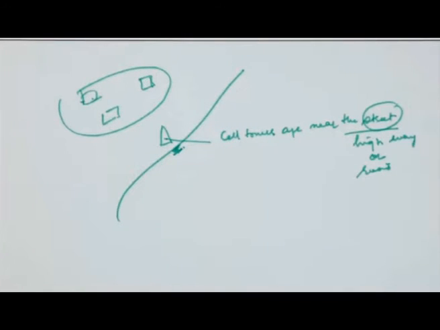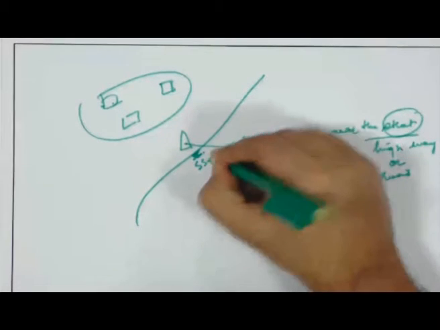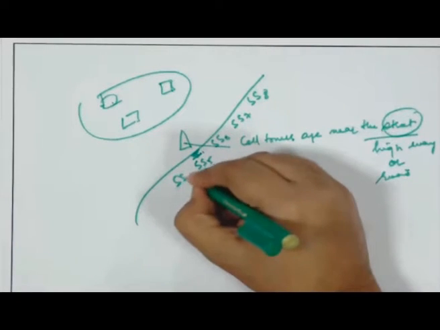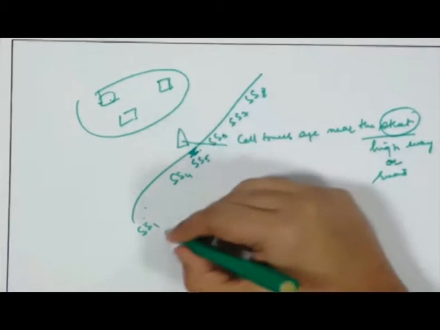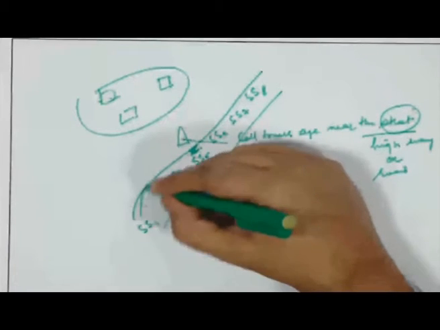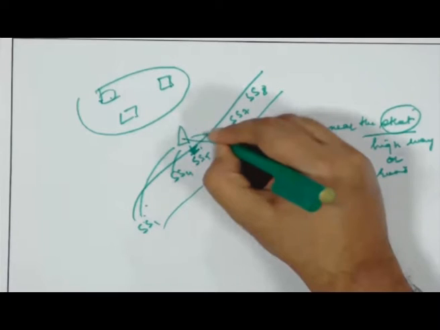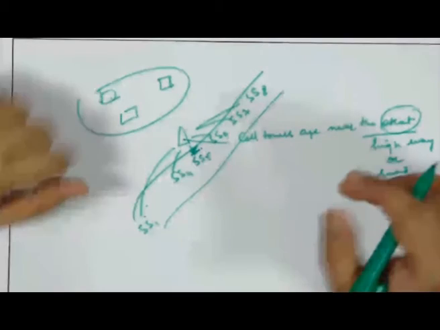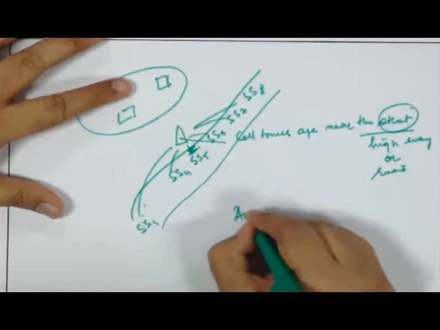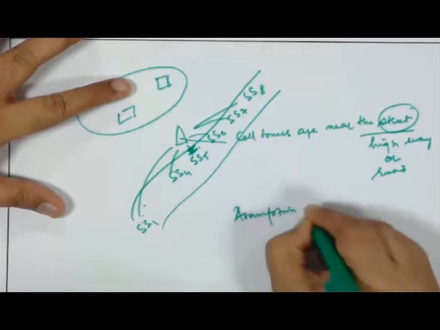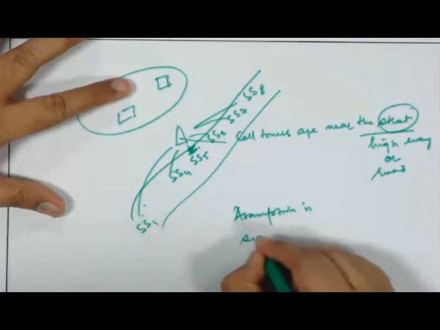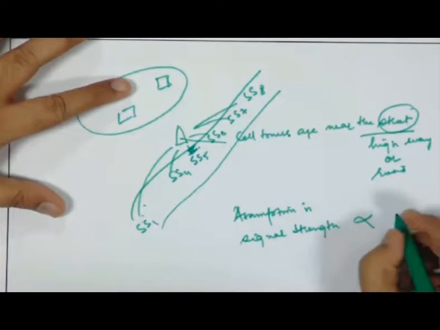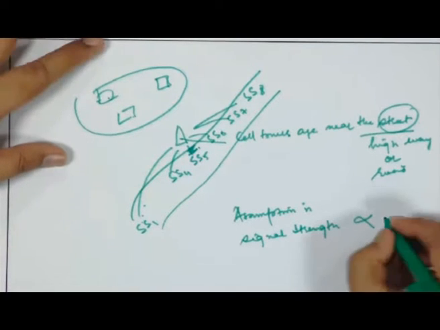If we go back to this picture again, let me draw that: SS5, SS6, SS7, SS8, SS4, and this way it goes SS1. So if I have this 8 information, as the signal is fading, the distance. So what is the assumption in this weighted centroid? The assumption is signal strength is basically proportional to, or can be used as a proxy to, distance.